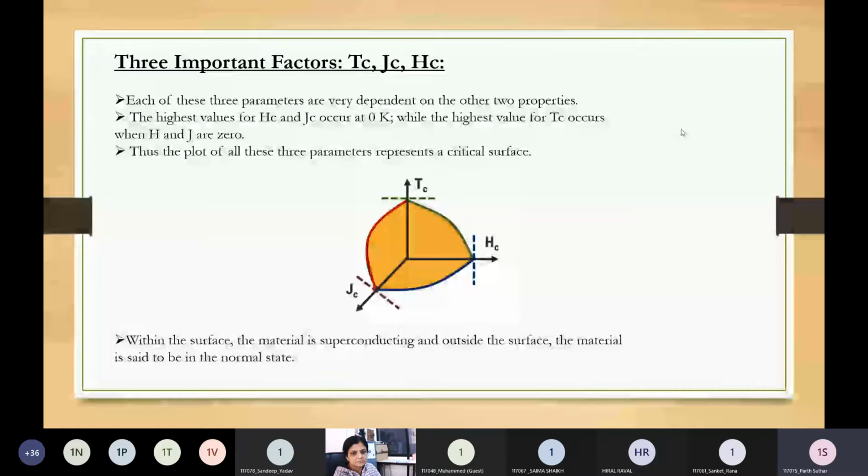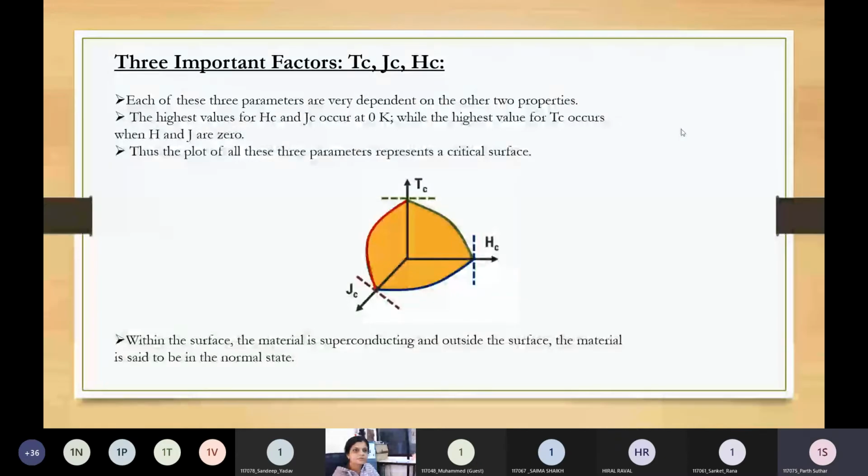Any value inside this critical surface will behave as superconducting material, and if we change a single factor among these three, then we can get normal state.